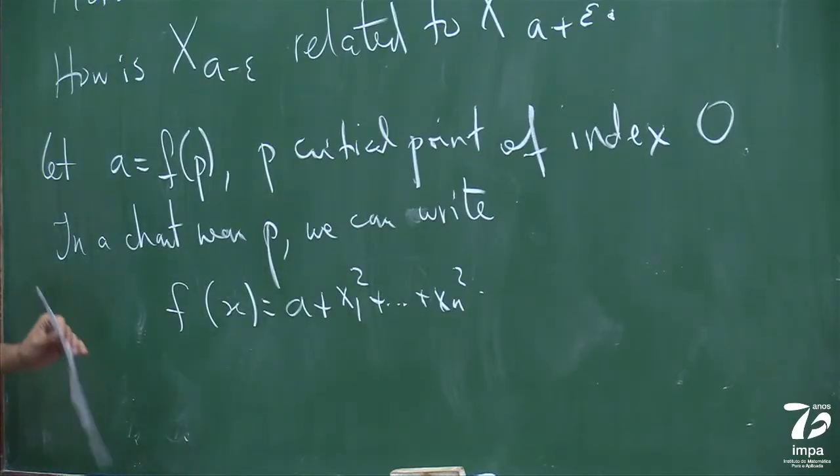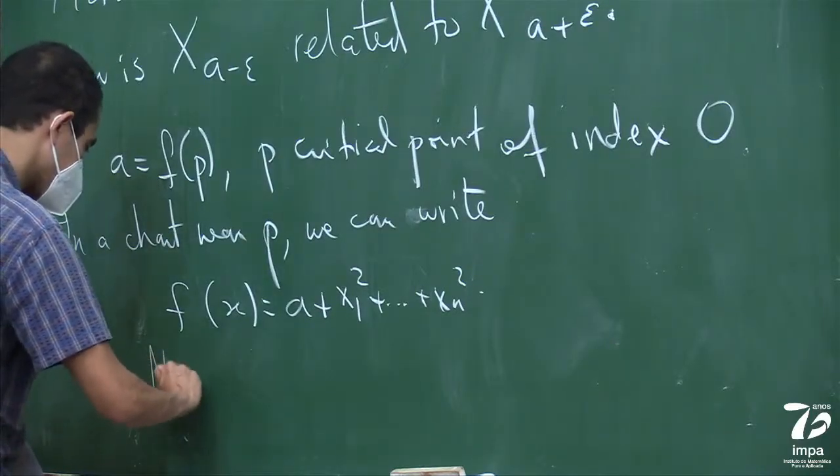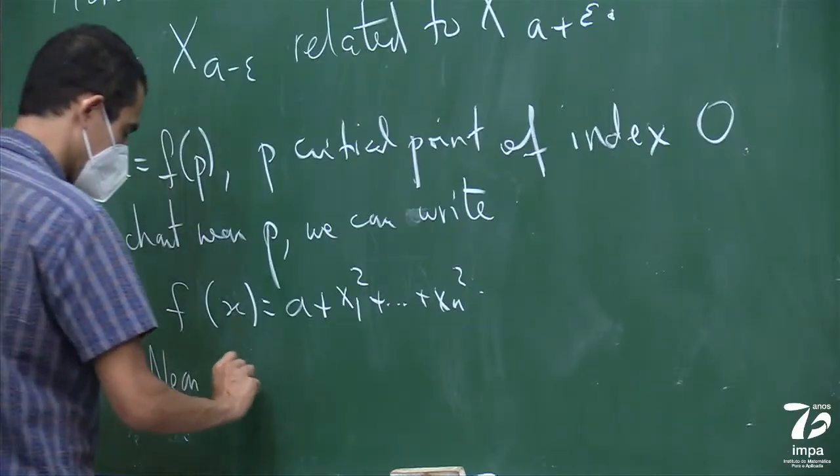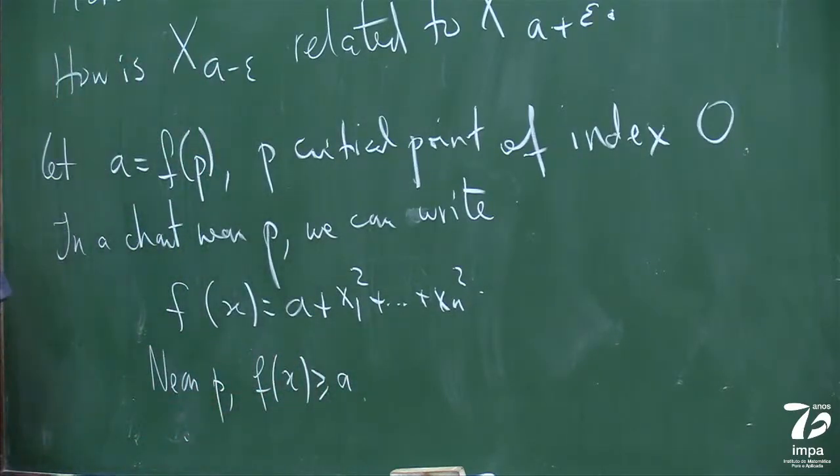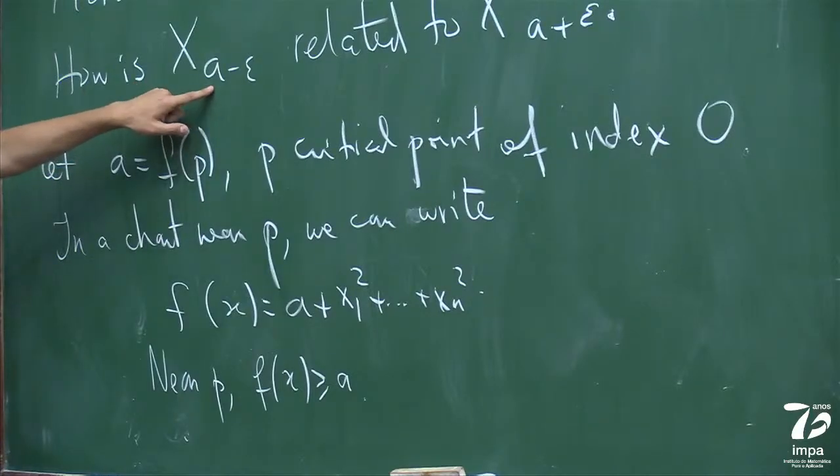Okay? So in a chart near P, f(x) is always greater than or equal to a. So near P, actually, this manifold here is empty.